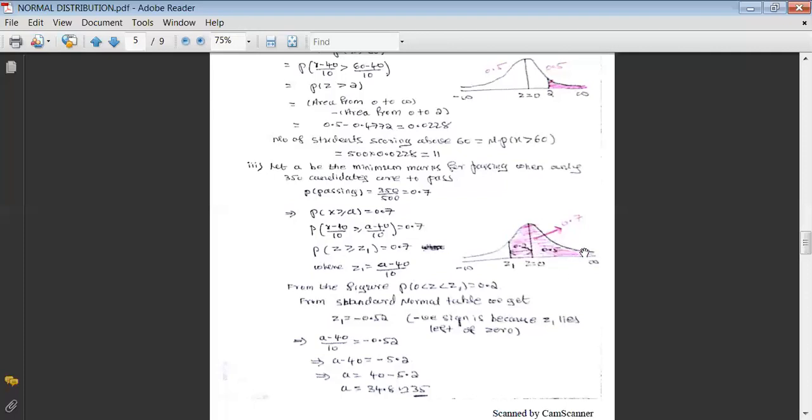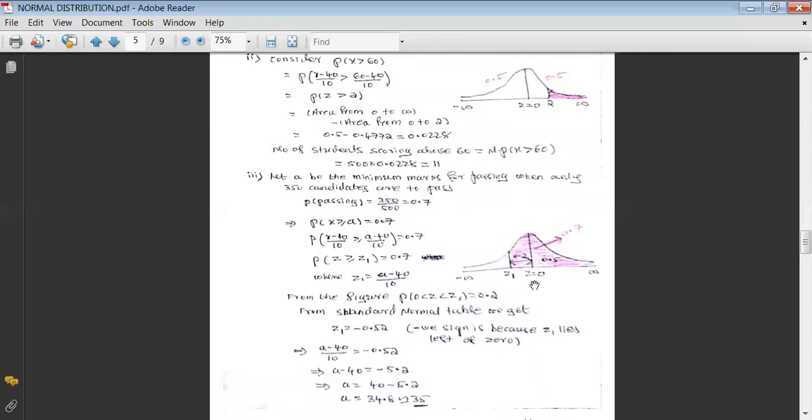The area above that z1 would definitely be less than 0.5, because even if we take z1 at the center, the area above it is at most 0.5. But here the area is 0.7. That's why z1 has to be at the left of 0, because this side is 0.5 and we want something more. So our z1 should lie at the left of 0, somewhere here.